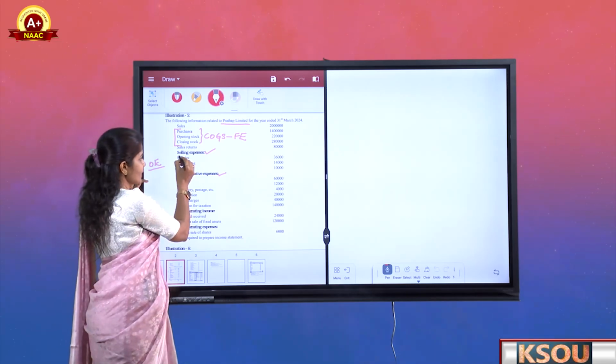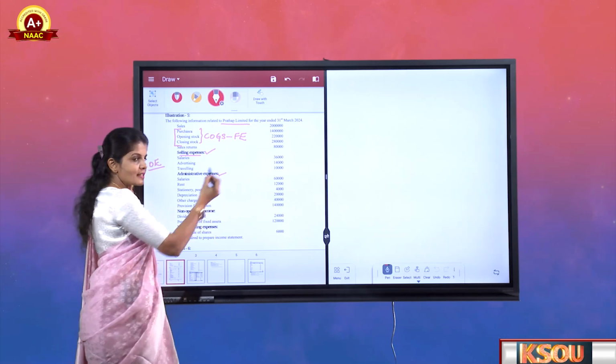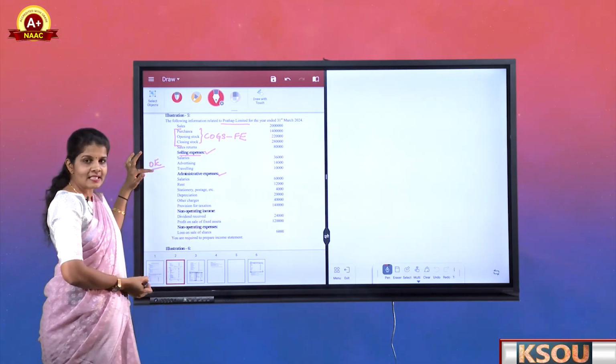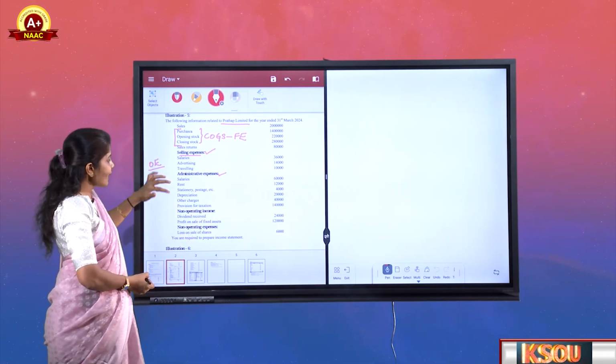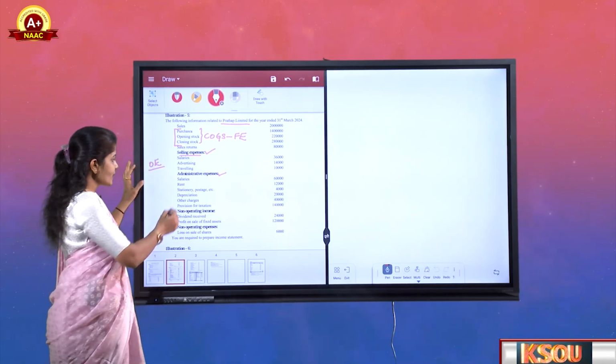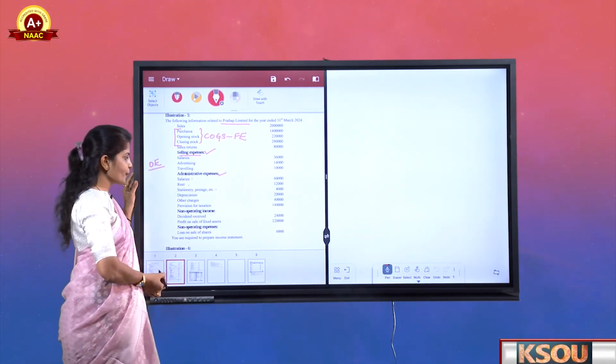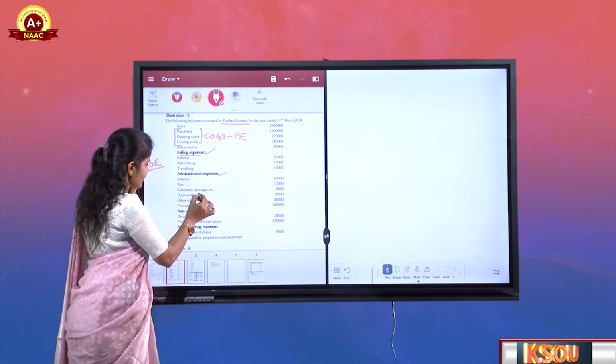So the selling expenses such as salaries, advertisement, traveling should be considered as operating expenses, and also administrative expenses such as salaries, rent, postage, stationery, depreciation.